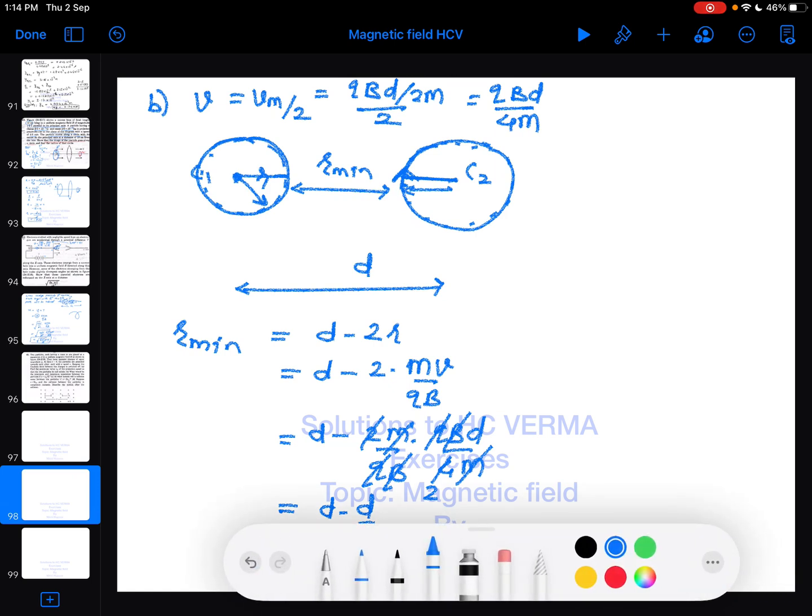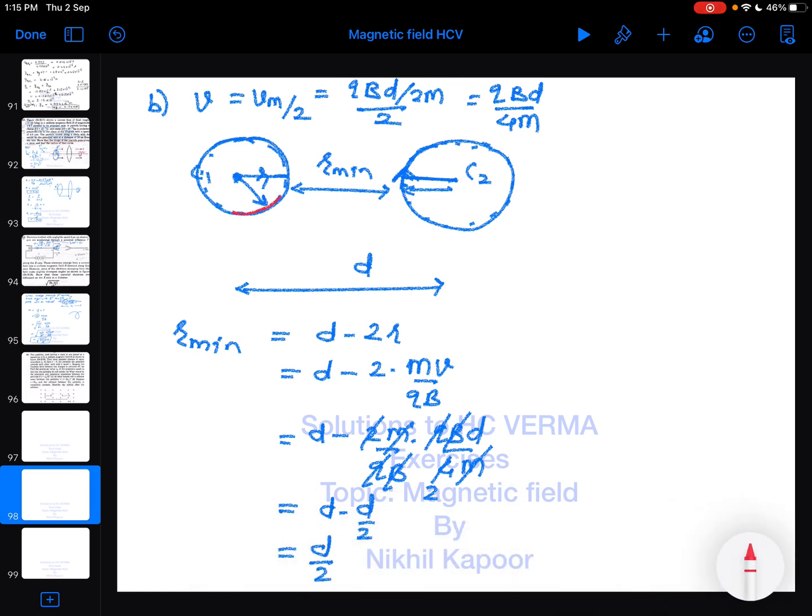During the same motion, I am showing you in red color, as the particles are moving, when this particle is at this extreme position and this particle at this extreme position, this would be the separation which is the maximum separation. The separation between their centers is d, and these separations are the radii.